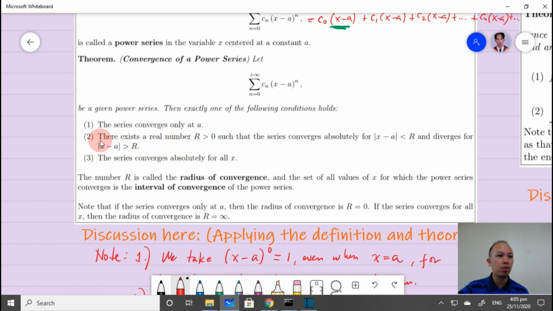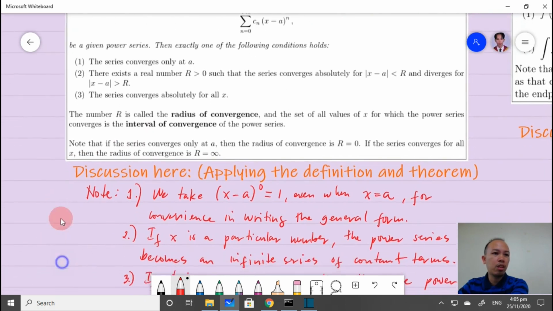So we can use case 2. Okay, so that's what we mean by how to get the domain of the power series. Okay, so let's have an example for illustration.